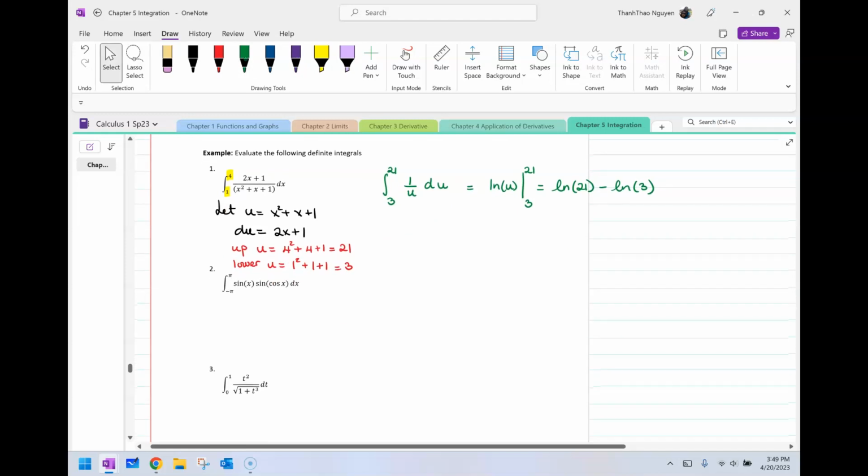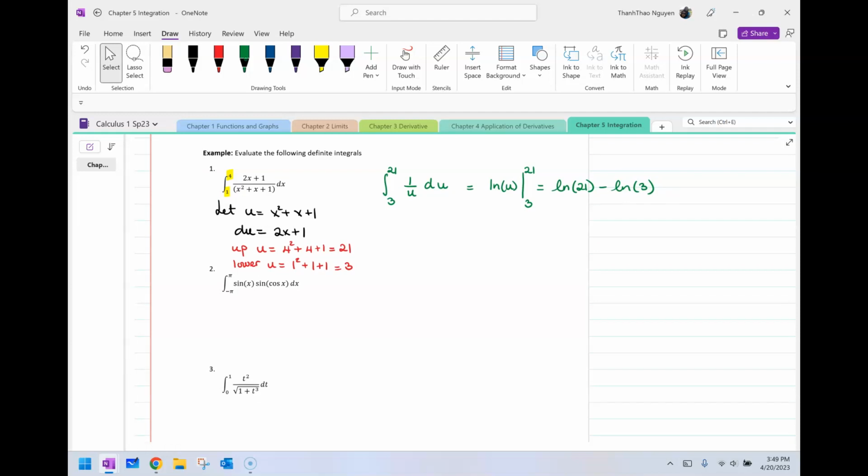The next one, we look at the integral from negative pi to pi of sine of x times cosine of x dx. Okay, so let u equal cosine of x. Then du equals negative sine of x dx, so negative du equals sine of x dx.